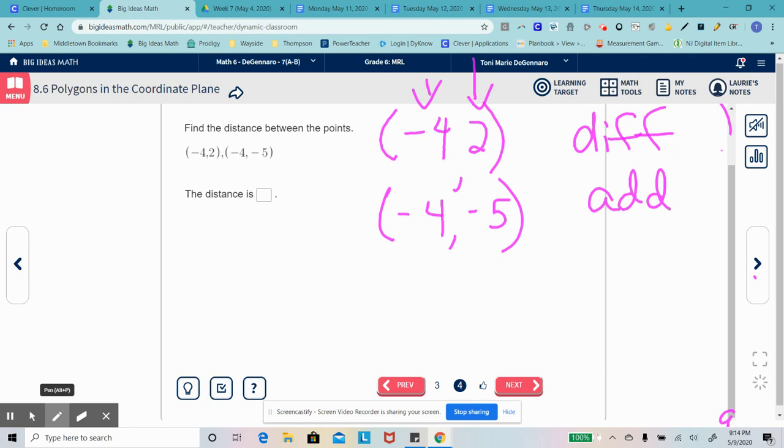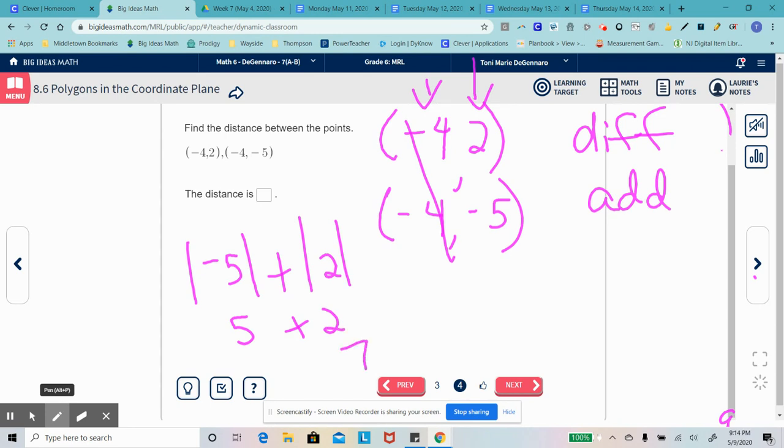Okay, so what we're going to do is cross off our -4s, and then do the absolute value of -5. We're going to add it to the absolute value of 2. So we're going to do 5 plus 2, and 5 plus 2 is 7. Right? And that's finding our distances between 2 ordered pairs.